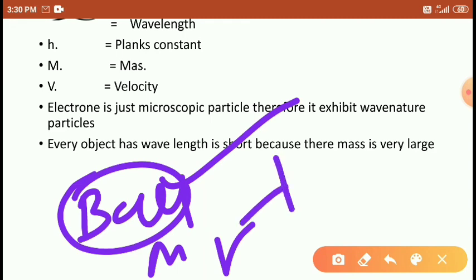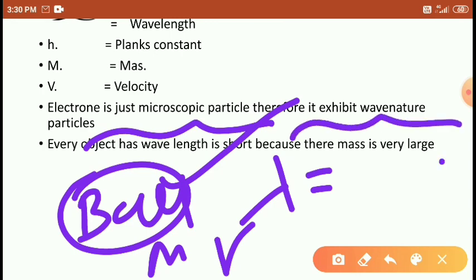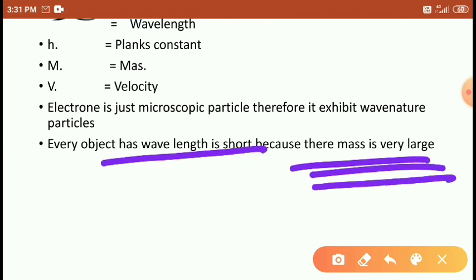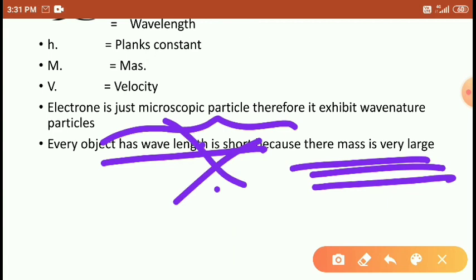If you want to calculate the wavelength of the ball, we need to know the mass of the ball and the velocity of the ball. But the wavelength is very small because its mass is large. So de Broglie explained that microscopic particles like the electron, proton, and neutron have very small mass, so their wavelength can be found easily. But in the case of large mass we cannot find the wavelength, or its wavelength is very short, right students?